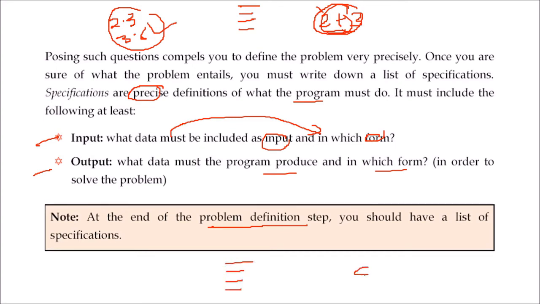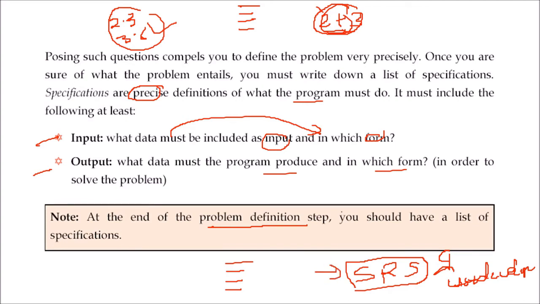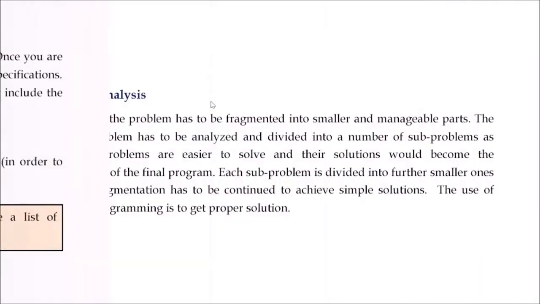In computer science, we call it SRS, software requirement specification, and this needs to be signed by the customer, the user, and the developer. And if you are dealing with your teacher or your guide in your school or college, then you and your guide or teacher have to come to a common consensus. Okay, you have told me, is this exactly what I understood? Is it right? Yes, you are right.